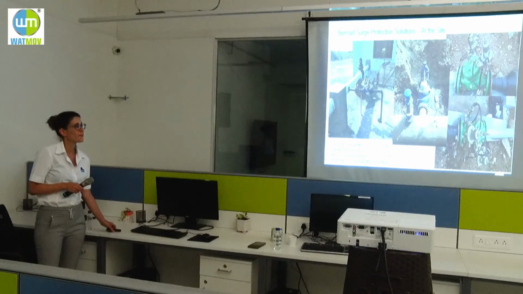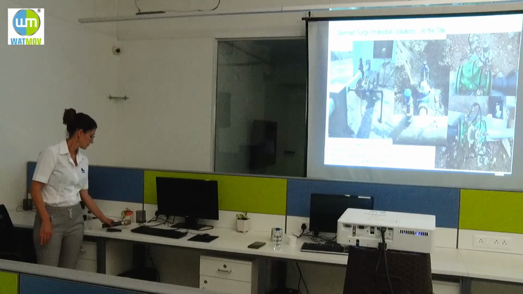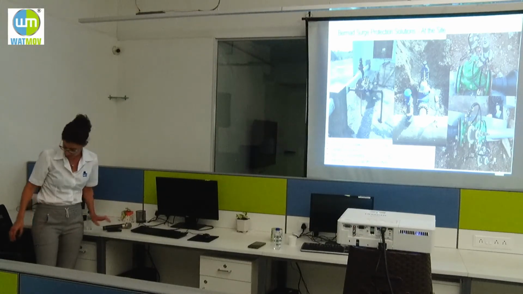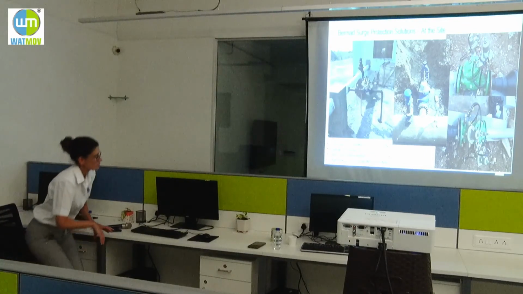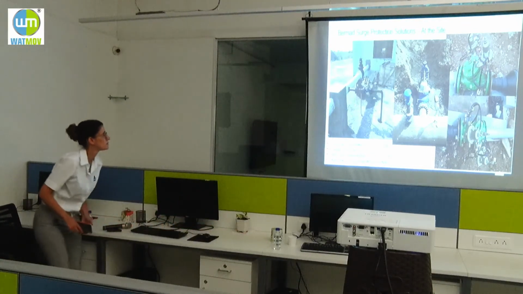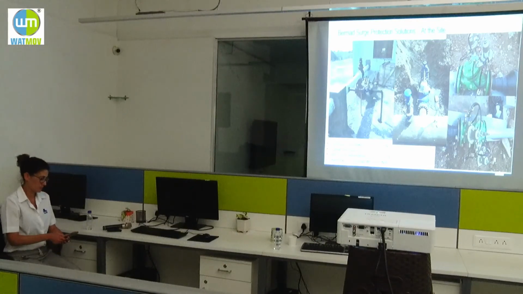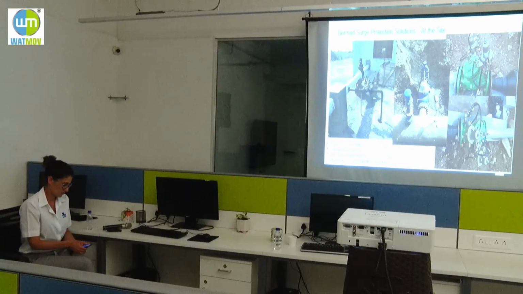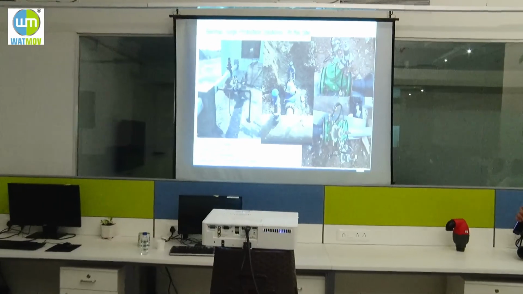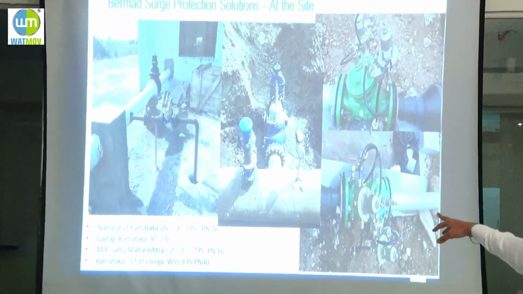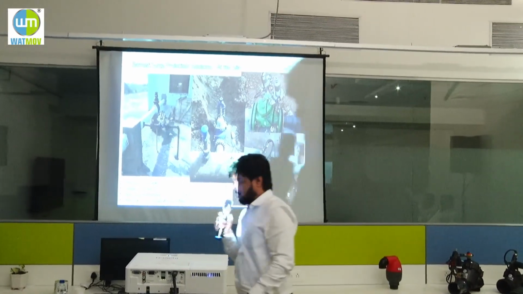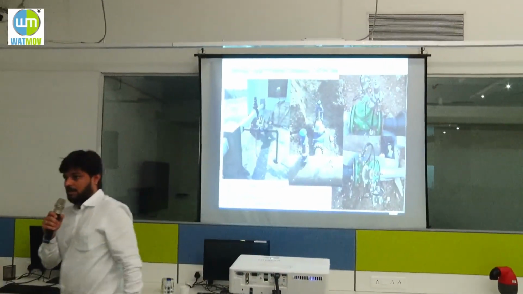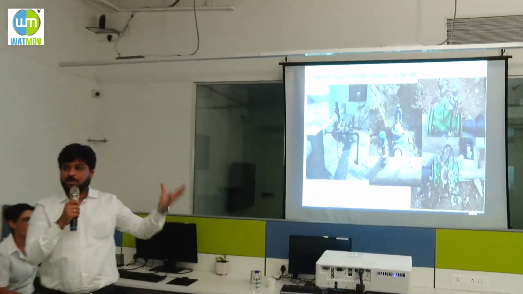So the first picture on the left side is from Jalna MJP, where a surge anticipating valve of 4 inch was proposed. The second image, the center one, is from Chitradurga, Karnataka. This is a live case study which Bermad did. The entire rising main was in running condition, and all the joints and fittings were coming out of it.